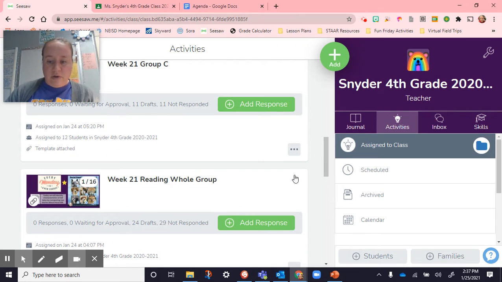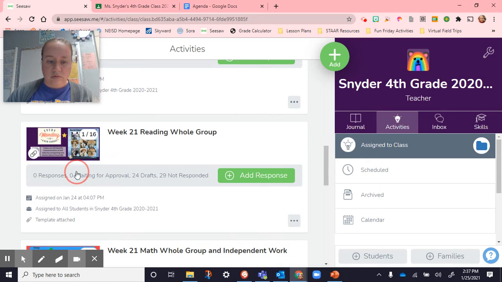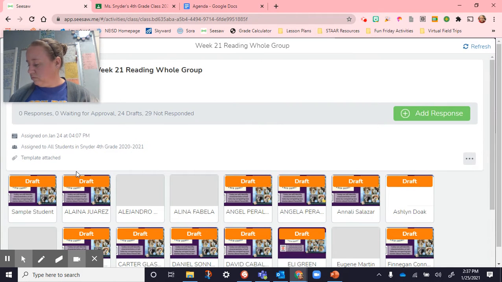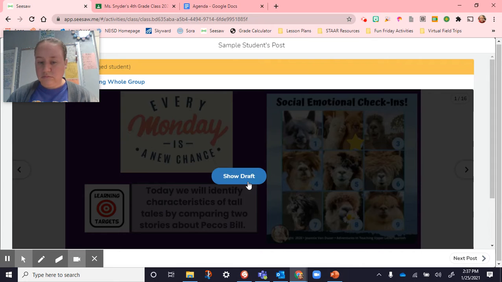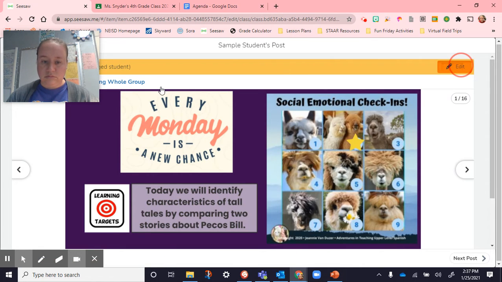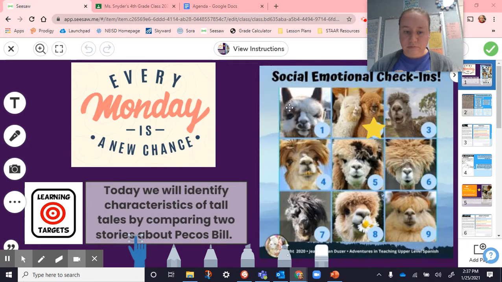All right, so reading. All right, so today we're going to identify characteristics of Tall Tales by comparing two stories about Pecos Bill.